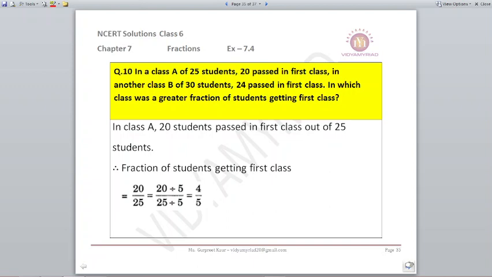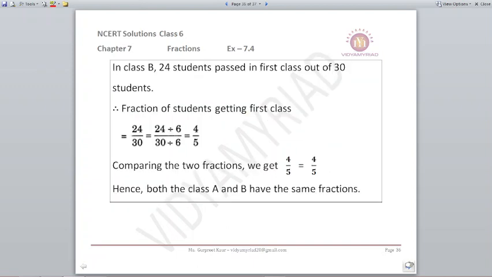When you reduce to its lowest terms, it becomes 4 upon 5. Similarly, when we talk about class B, there are 24 students who passed in the first class out of 30 students. So 24 upon 30 is your required fraction. Reduce it to its lowest term, it becomes 4 upon 5. Now on comparing, we get 4 upon 5 and 4 upon 5, they are same fractions.